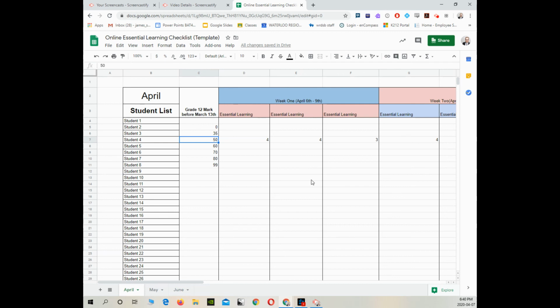Though you can do it if you believe in your professional judgment that is something to do. I highly suggest that their final report card grade would probably be somewhere between a 60 and a 70 in that case, since the student has demonstrated that even during the pandemic, they were able to increase their grade.